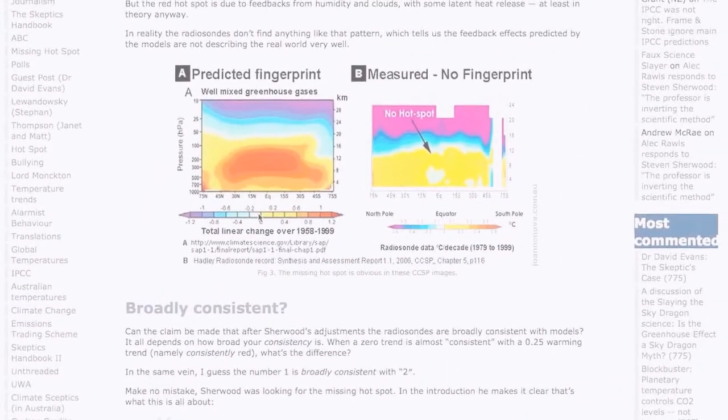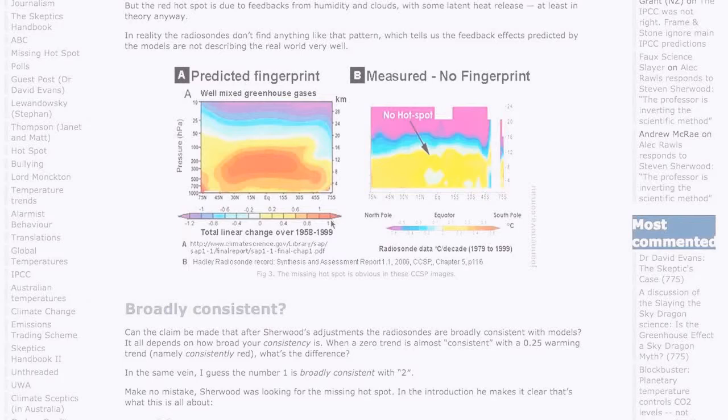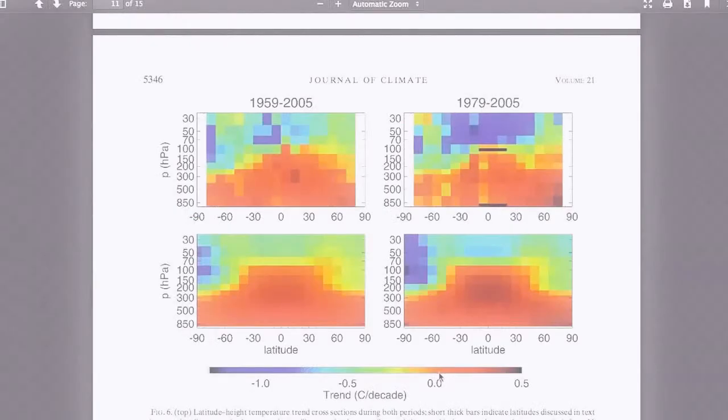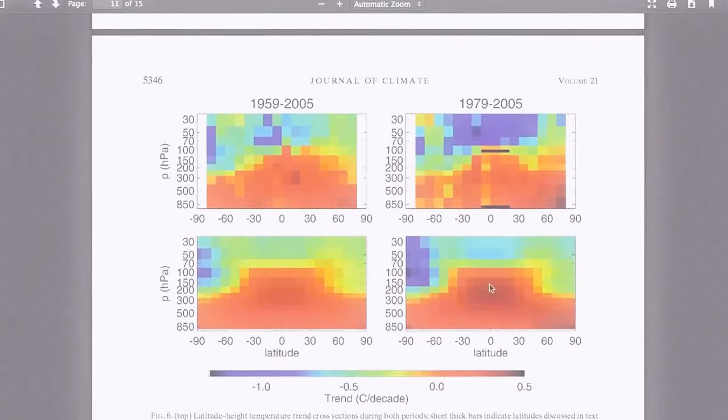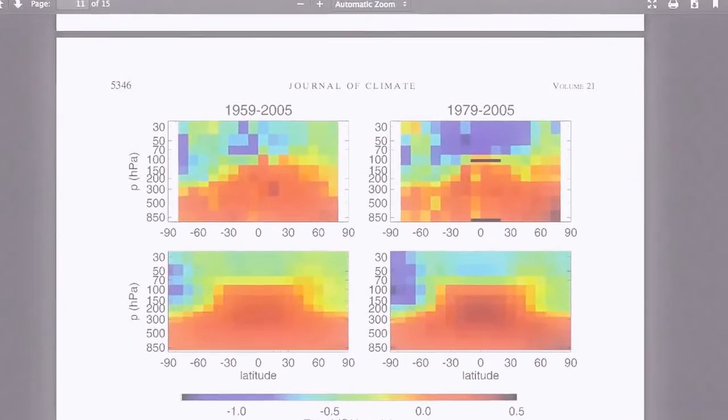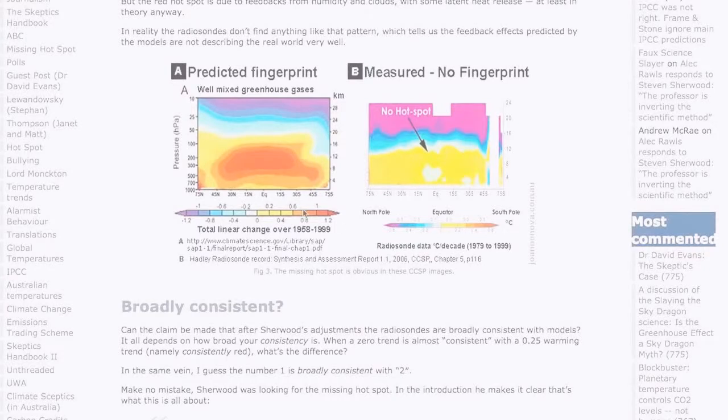Now, note the scale on this, the total linear change. And here, red is 1.2 degrees Celsius. Here, red is 0. From 0 to 0.2 is the red. And black, the absolute black, is 0.5 degrees Celsius. So this map doesn't even go halfway in the temperature anomaly scale as this one does.